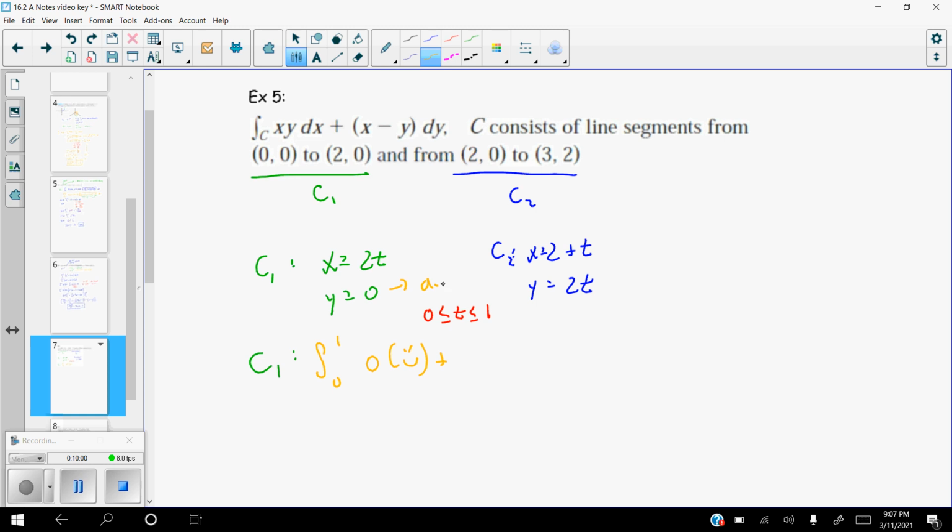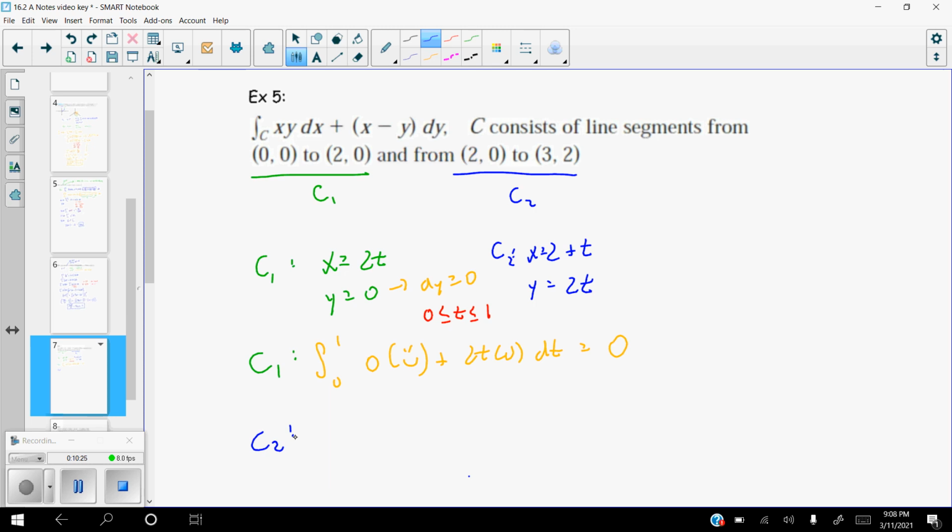But dy is still 0 since y was 0 in the first place. So here we get 2t times 0. Awesome. That's 0. Very cool. Easy to do. Let's look at C2. Don't think this will work out quite as nice.